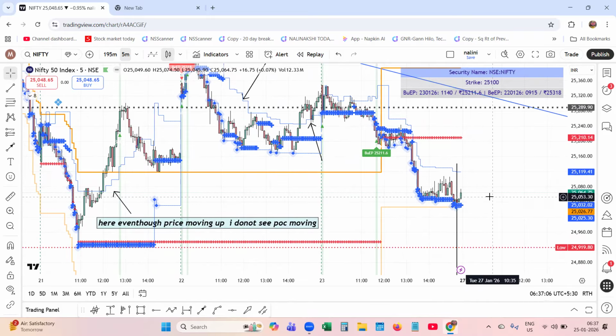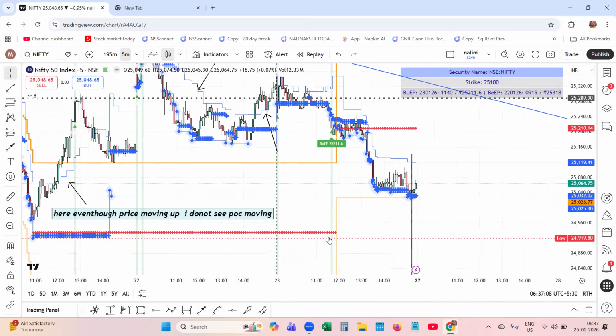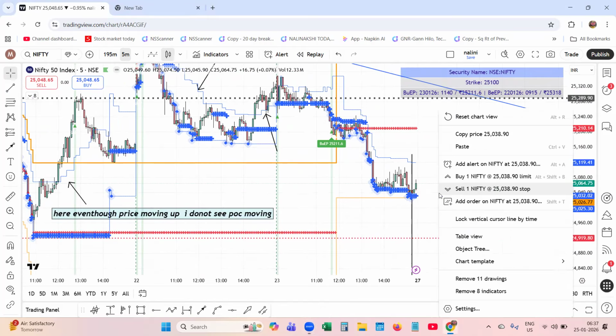What will happen? Another hack I'm going to tell you on the trade. You need to get a boundary of the trade. So you can easily mark it, you have got an opportunity in TradingView, you need not draw a line or something. It comes on its own.